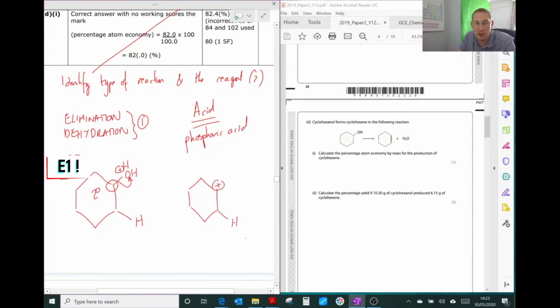And then along comes the water molecule with its lone pair, takes that hydrogen, and the electrons from that go to form the double bond. And here you have regenerated the acid catalyst that you used in the 1st step to protonate that. Okay, that was extra information, but that's what's going on there.